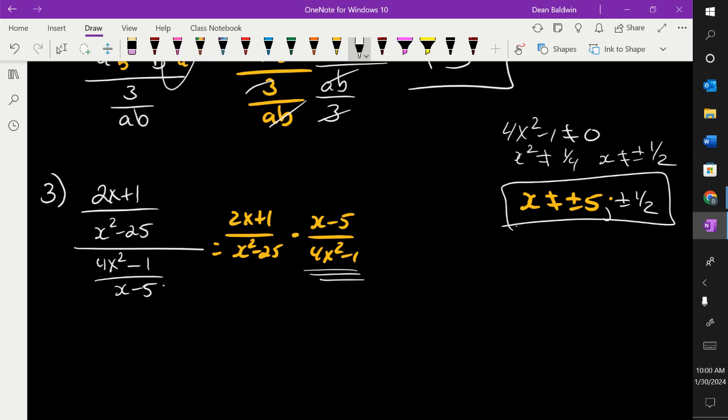Now we simplify. x squared minus 25. What does that factor to? So I get 2x plus 1 over x plus 5, x minus 5. What about 4x squared minus 1? Does that factor? That's a difference of squares as well, right? So that's 2x minus 1, 2x plus 1.